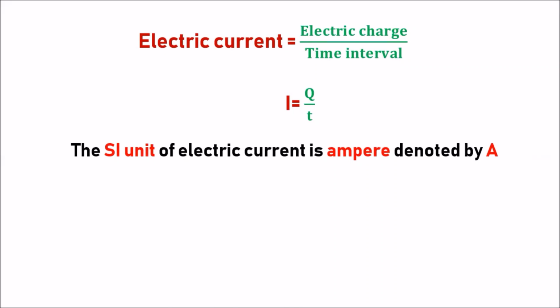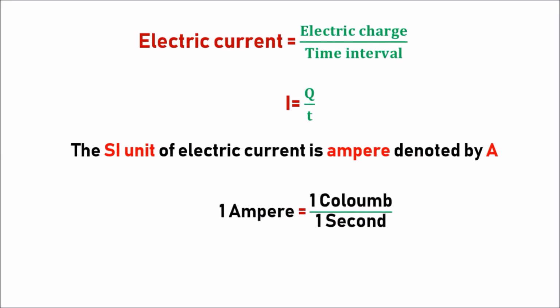So a scientist's name should be written like that. And electric current we can measure. Quantities which we can measure are known as physical quantities. Electric current is also a physical quantity, so we have an SI unit for that.